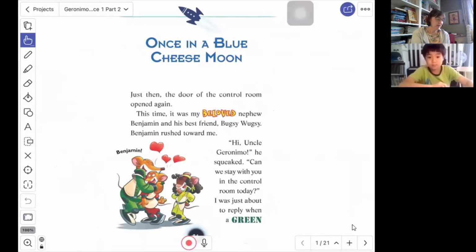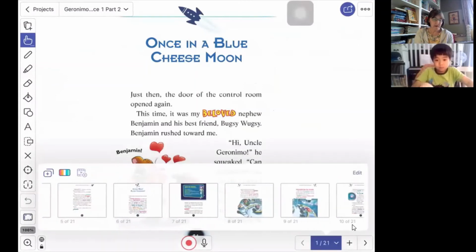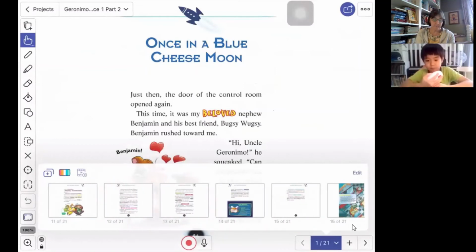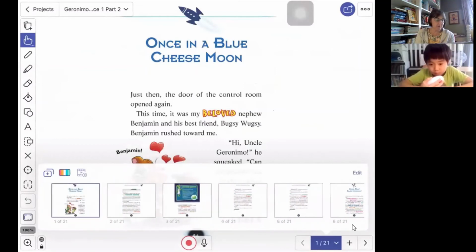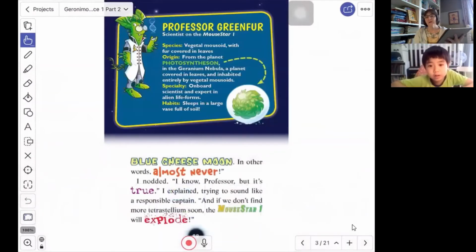Right? Although, one of these characters, well, on the page, they are eating. Yeah, I'll go there in just a minute.